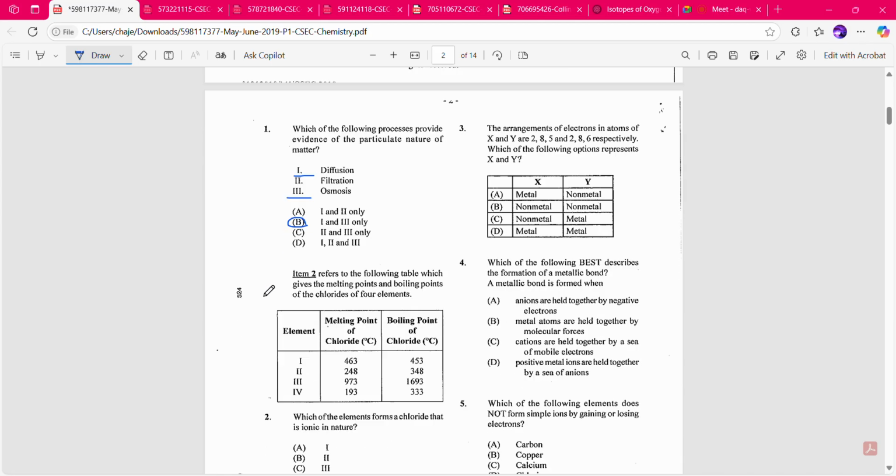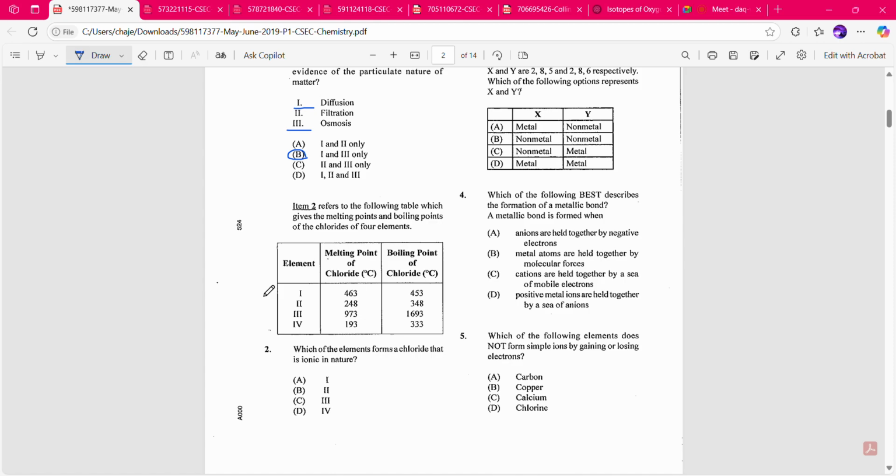Alright, number two. Which of these elements forms a chloride that is ionic in nature? I think we did something similar before. Ionic compounds tend to have really high melting points and boiling points, so I'm going to go with the third option.